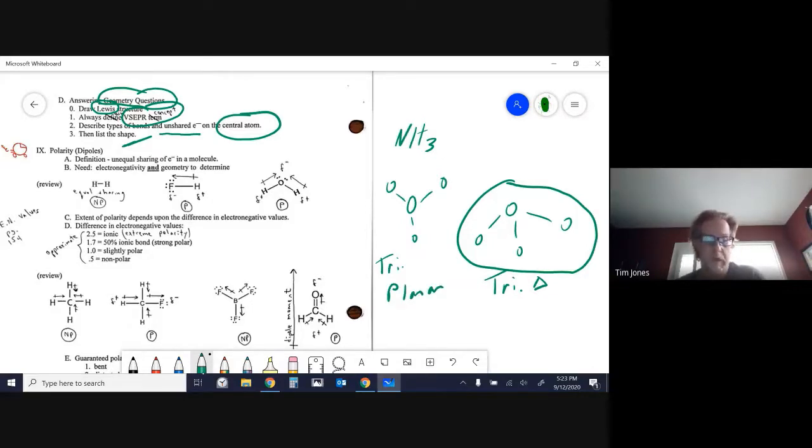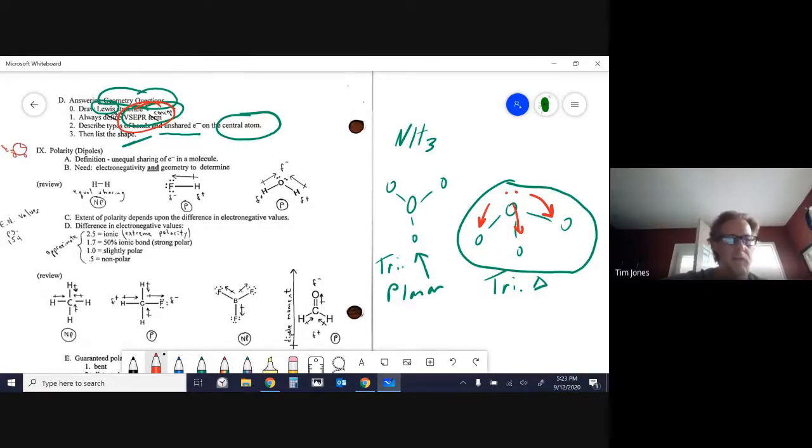And what would be really nice for you to do is draw both Lewis structures and then mention that this doesn't have unshared electrons on the center atom, but the triangular pyramidal would have unshared electrons on the center atom, and they're pushing these 3 atoms down, which causes it to be pyramidal, according to the VSEPR theory, etc.